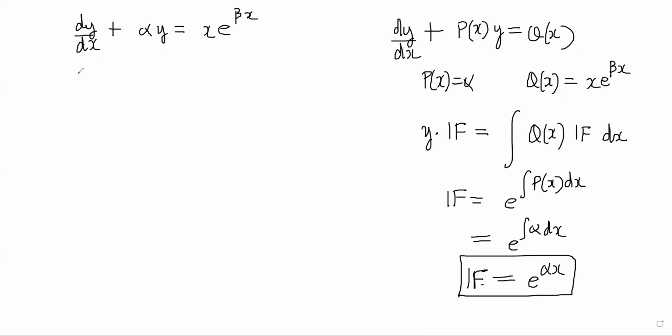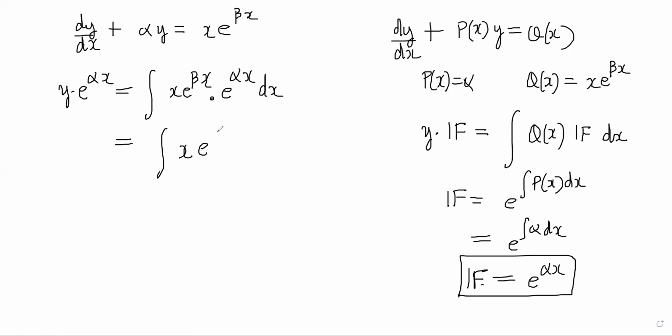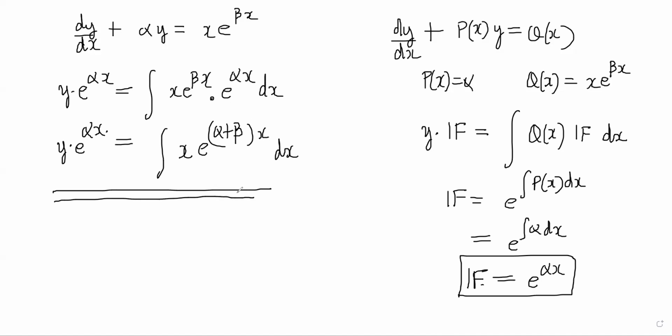Now the solution can be written as y times e^(αx) is equal to the integral of x e^(βx) times e^(αx). If you notice here, this becomes the integral of x e^((α+β)x) dx, and this side we have y e^(αx). It is pretty easy to solve this.